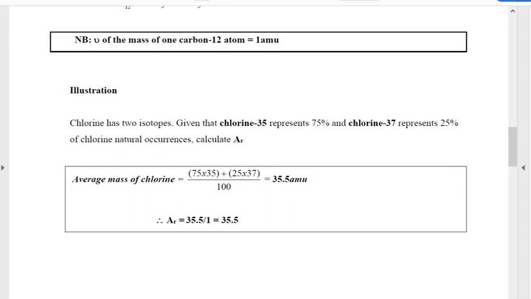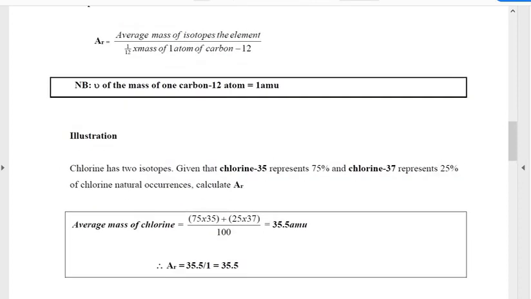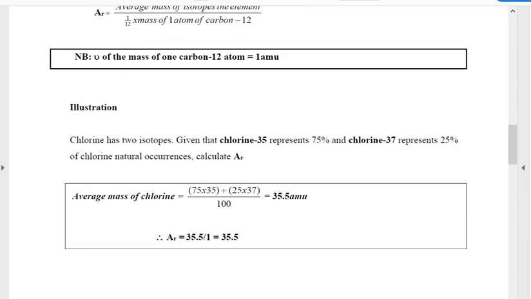So you can now use these percentages and abundance in nature to calculate the average mass of chlorine.